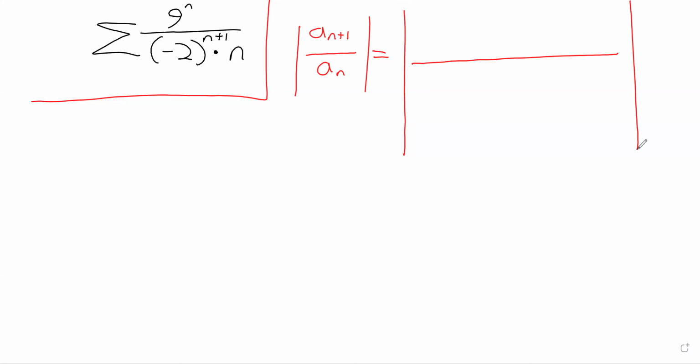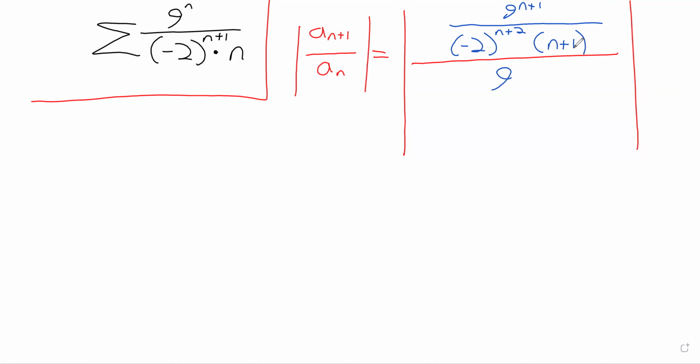So we're replacing n with n plus 1. Just to be clear what's happening, we're replacing n with n plus 1, and then those 2 plus 1s are going to become a plus 2. Here's an n plus 1.